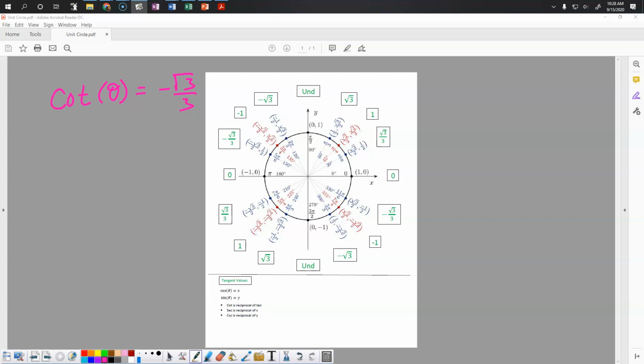Well, since it's one of these 3, the first thing we have to do is flip it over, right? One over cotangent is tangent. We don't like square roots on the bottom.